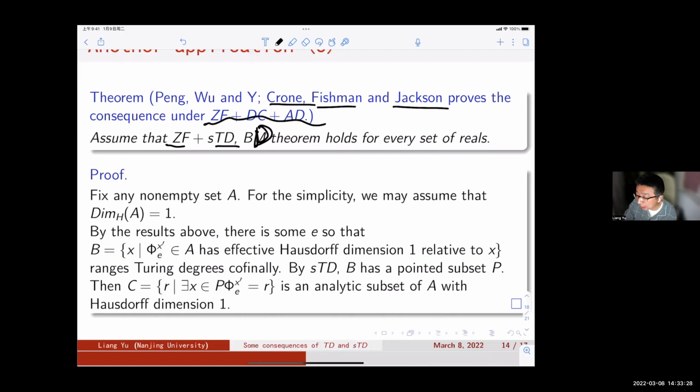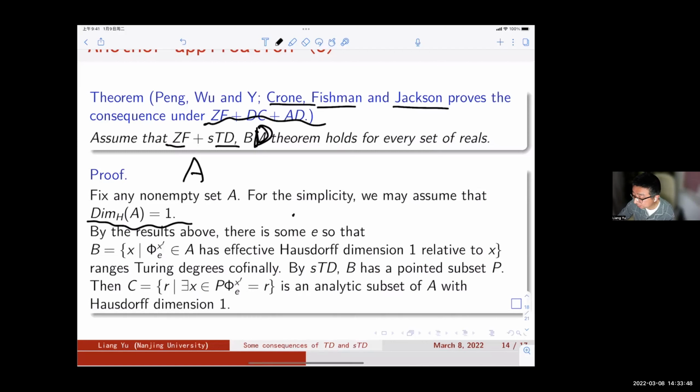So given a non-empty set A, for simplicity we just assume the Hausdorff dimension of A is 1. Otherwise, it's the same proof. Okay.